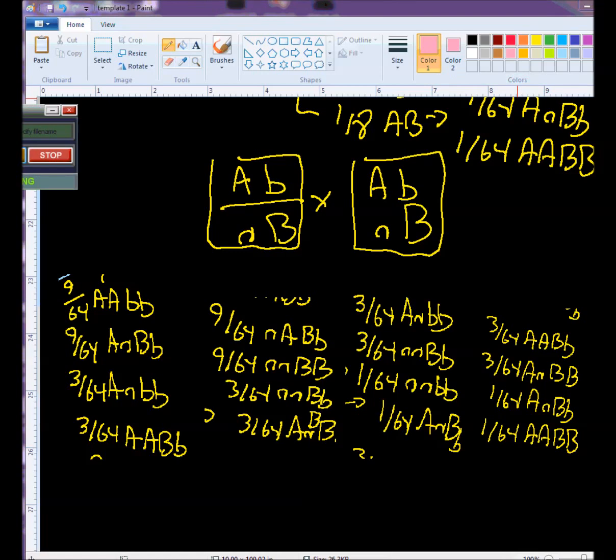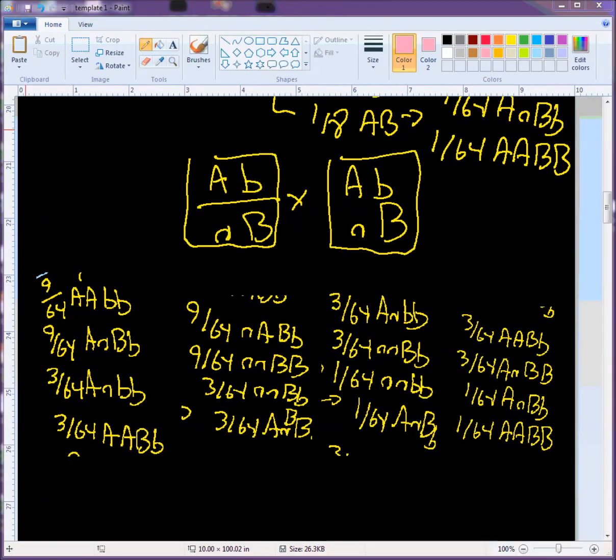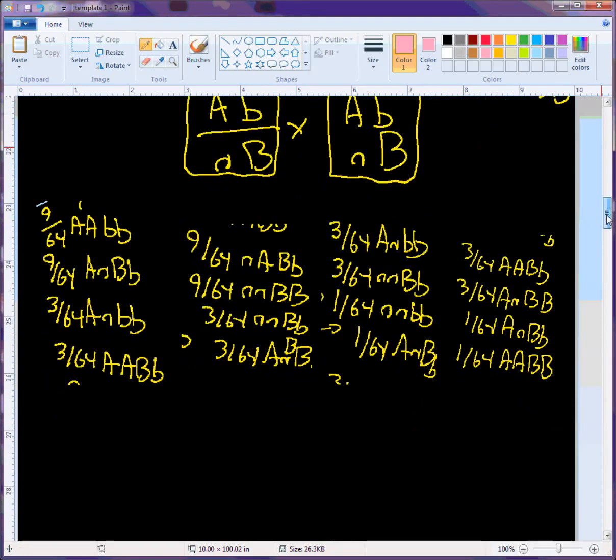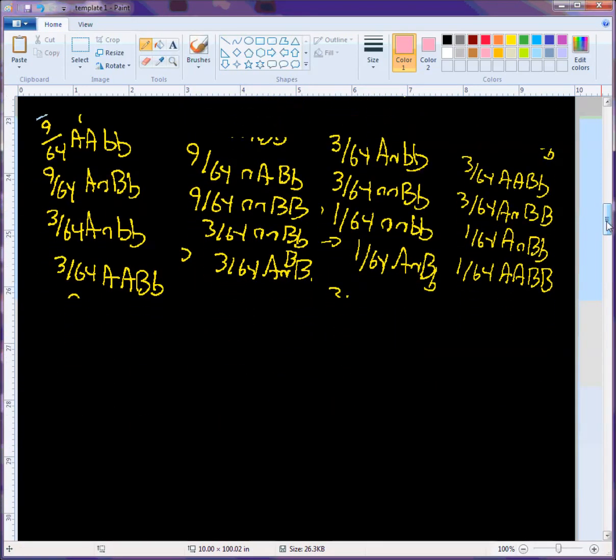I'm going to pause this for 1 second. So I think the easiest thing for us to do might be to scroll down a little bit and now just focus on the phenotypes, because the question just wants the phenotypes. Okay, so let's see here.